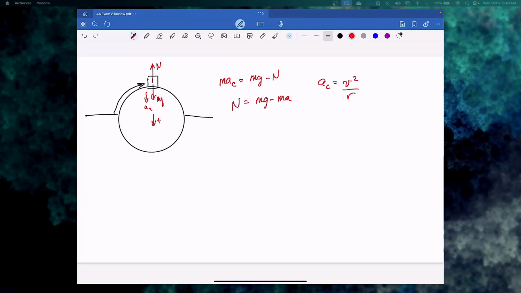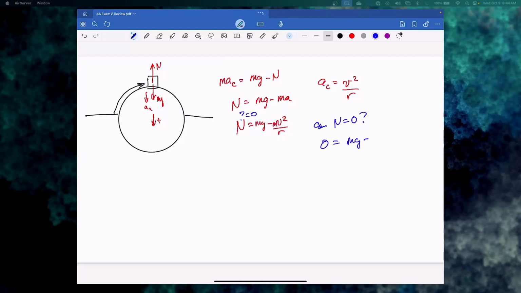So n equals mg minus mv squared over r. So the question becomes, what is the condition where the normal force would be equal to 0? Can n equal 0? That's the question I'm asking. Well, let's find out.